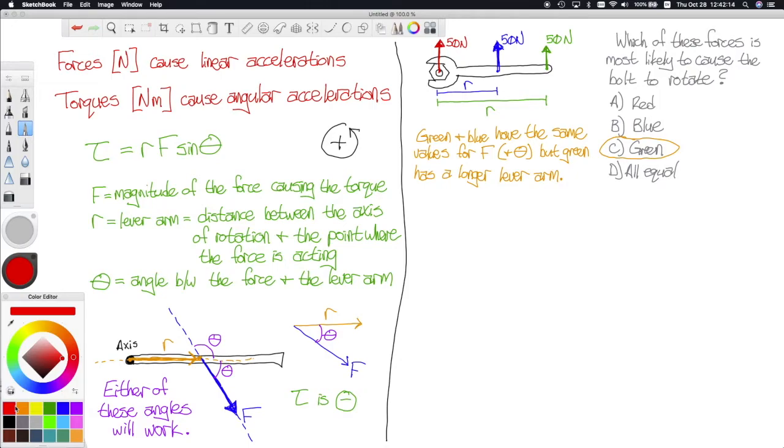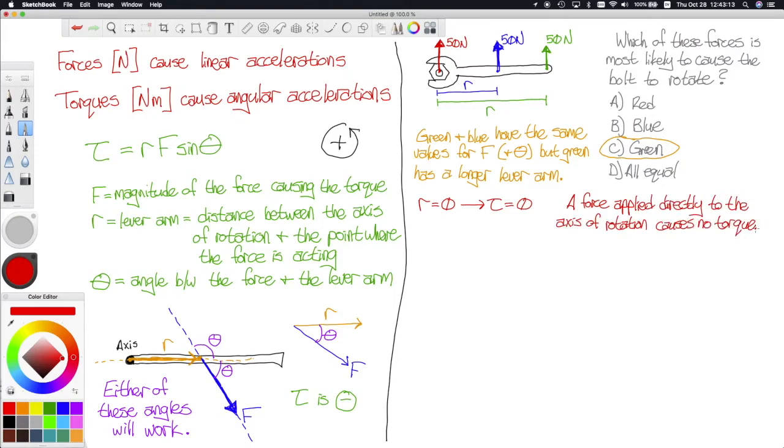I also want to point out that that red force is applied directly at the axis of rotation. So for that red force, the lever arm is 0, which tells us the torque caused by that red force will also be 0. So a force applied directly to the axis of rotation, either pushing directly on it or pulling directly on it, will result in no torque.